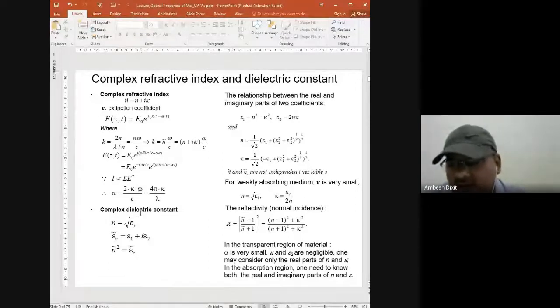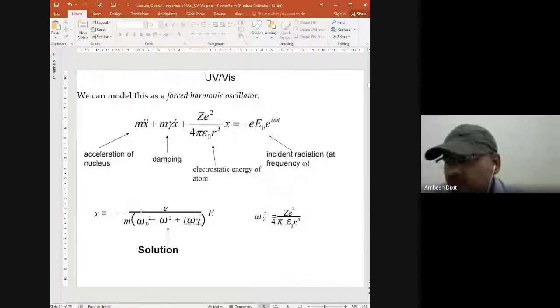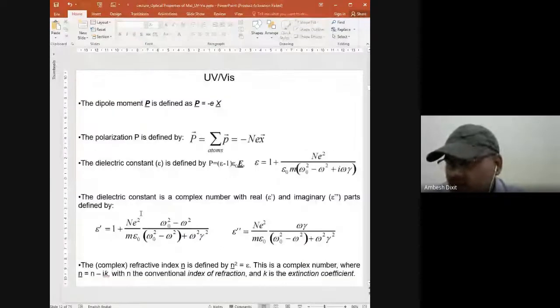Here it is a purely atomistic view. We simply took that the incident light is inducing an electric dipole moment, which leads to a very simple expression of the dielectric constant of your material, and also explains that this is a complex quantity.